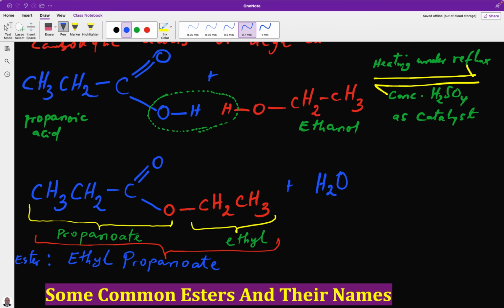In the naming, the first part of the name is an alkyl group that comes from the alcohol, and the second part comes from the acid. Here the first part is ethyl and the second part is propanoate. Therefore, our ester is ethyl propanoate, and a molecule of water is also released.